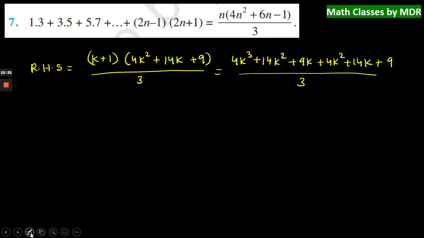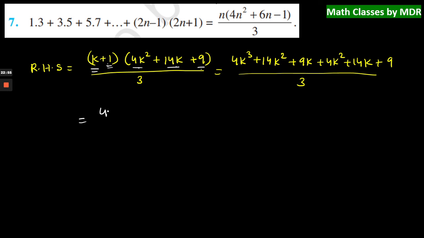How do you multiply two algebraic expressions? First we take this k and it has to be multiplied by all the terms: 4k square into k plus 14k into k plus 9 into k. That is what I have written here. And then we have to take 1 and then 4k square into 1 plus 14k into 1 plus 9 into 1. Right? So that is what you get.